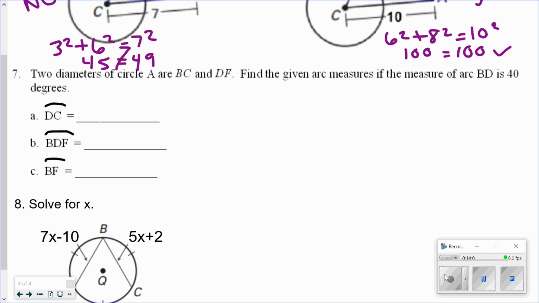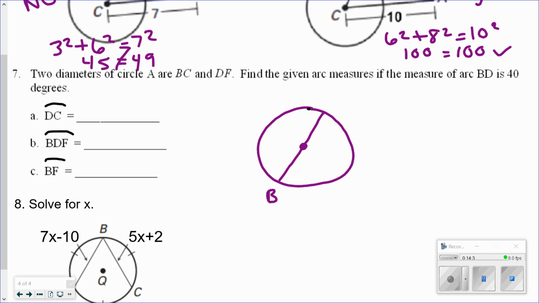For question 7, 2 diameters of a circle A are BC and FD. Well, if I look at this question, I don't have this picture, so I'm going to sketch this out. So I have a circle. I know A is here in the middle, and so I have 2 diameters. Remember, diameter is a chord that goes through the center, so it doesn't matter.